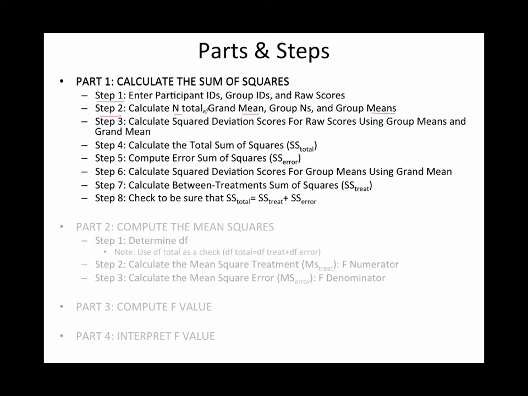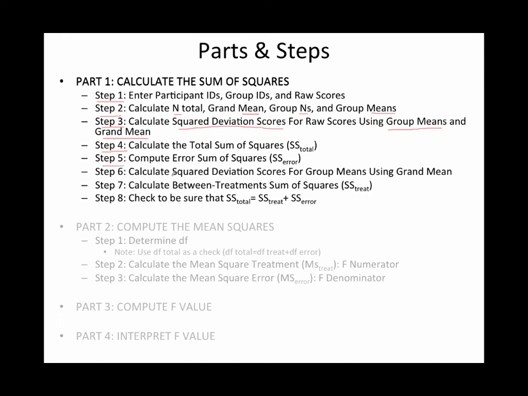We'll also be computing n overall and also for each of the groups. Step 3, we'll need to calculate those squared deviation scores. And as you will see, we'll be doing this 2 ways. One, where we'll be using the group means, and another time we'll be using the grand mean. Step 4 will be calculating the total sum of squares. At that point, we'll have all the information we need for that.